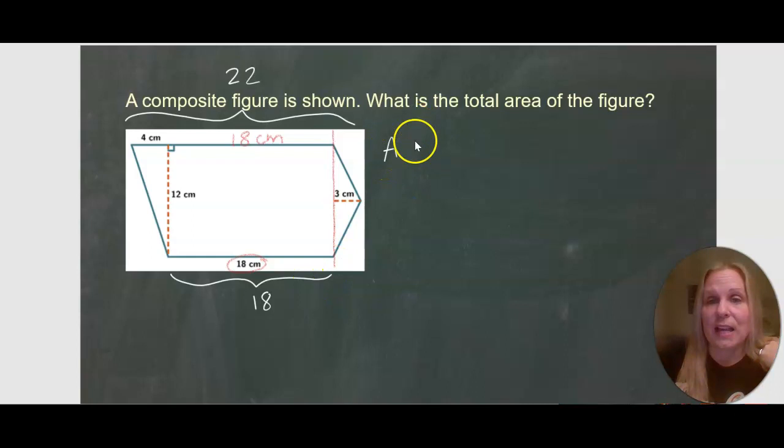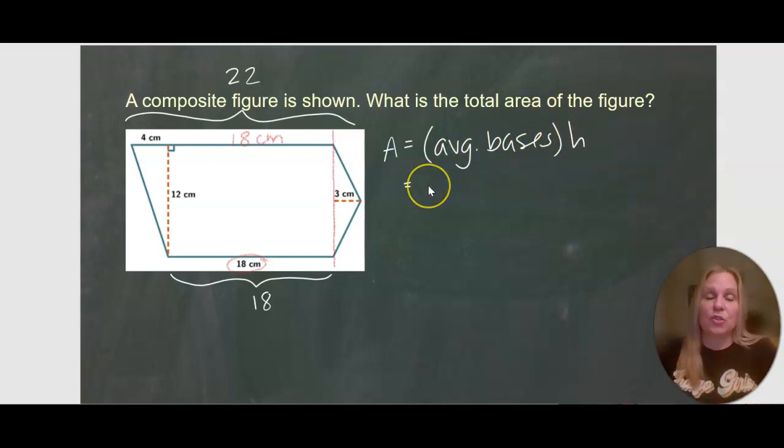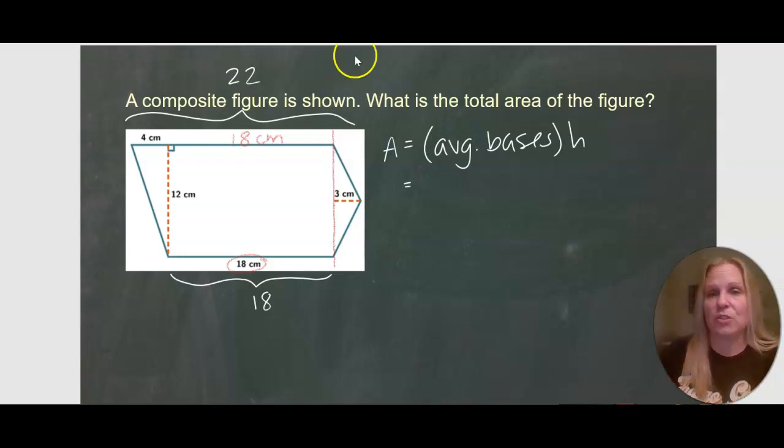So to find the area of my trapezoid, I'm going to average the bases and multiply that by the height. So to average my bases, I'm going to add them together. 22 plus 18 is 40. Divide by 2 is 20. And I'm going to multiply that by the height.